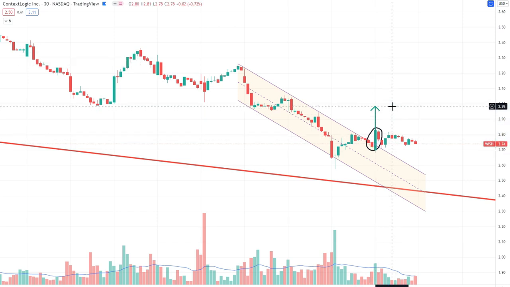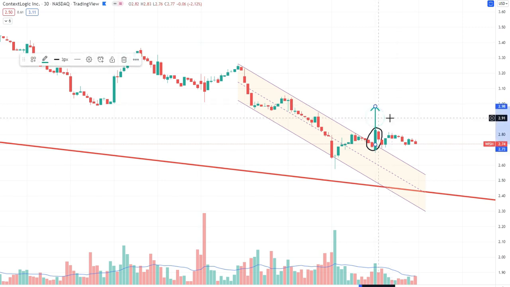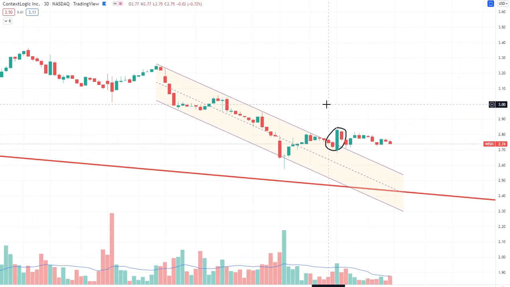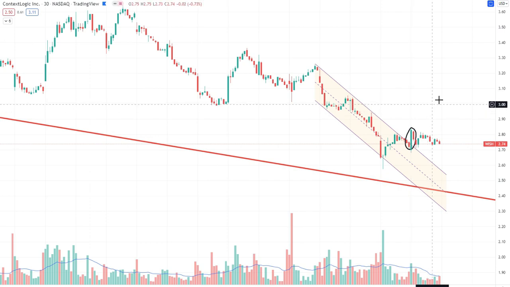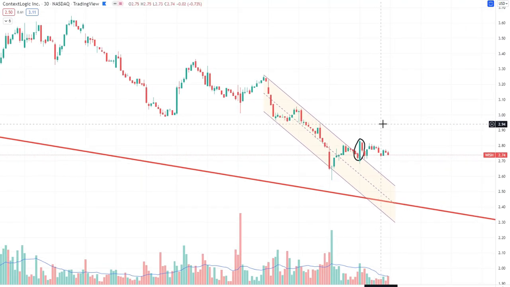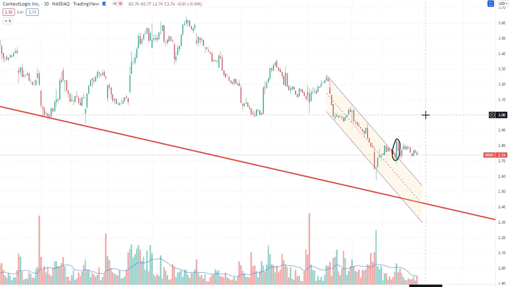And the natural technical target would be around 2.98, so it would be $3. Those who bought here with this candle intraday will be, in my opinion, rewarded with a minimum price at the $3 target. This is what happened intraday.